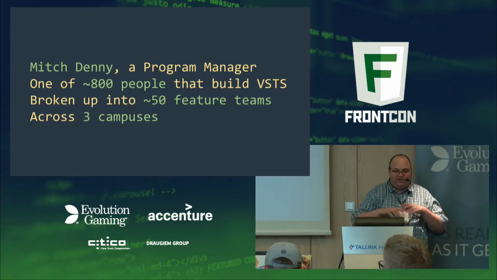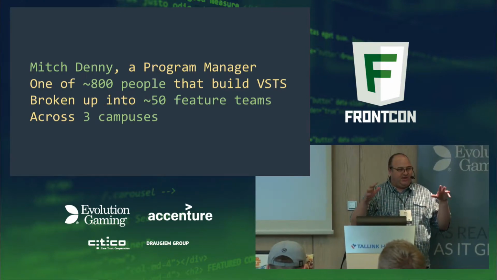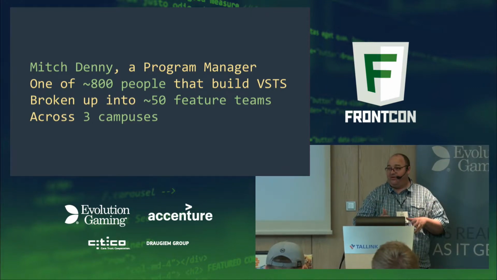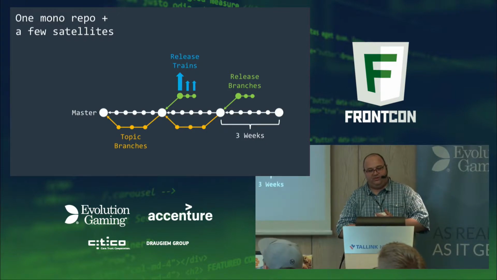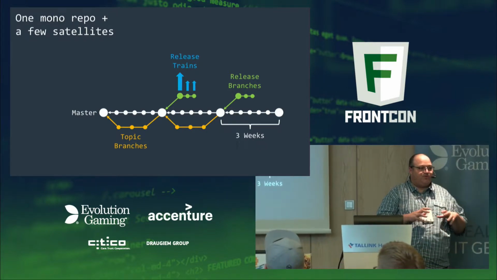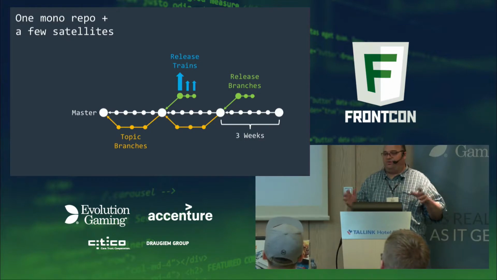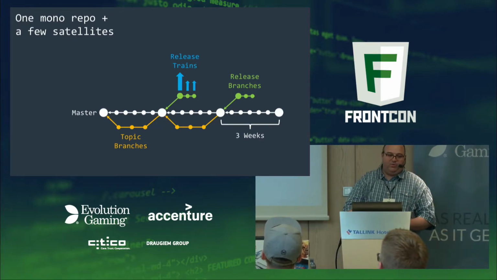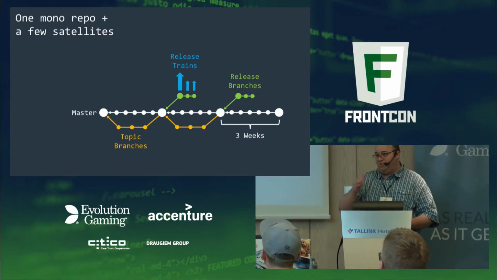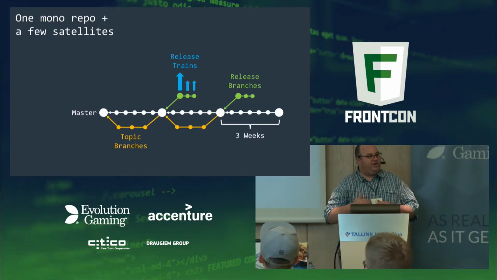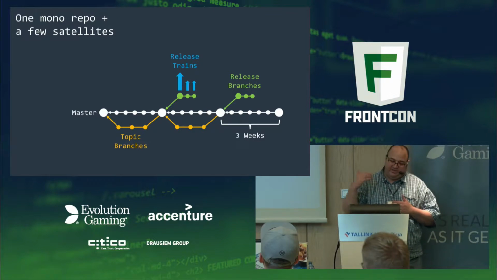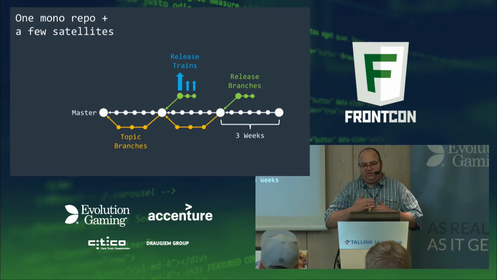So the way we work within our campuses is a whole team is generally co-located together, and we're responsible for a particular set of services or features within the product. The team itself mostly works out of one big monolithic source code repository, and so we all work off master. We create short-lived topic branches and then merge them in regularly, and then every 3 weeks we create a feature branch, a release branch, which is what is then shipped to production.